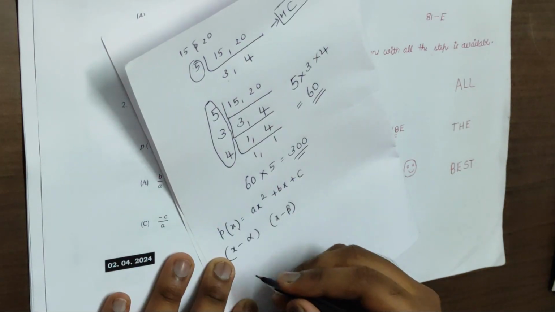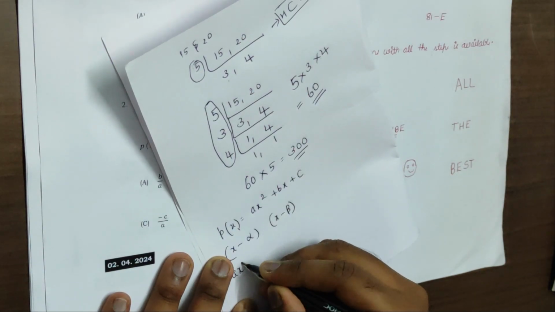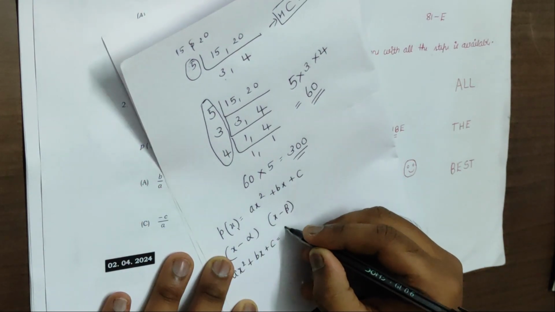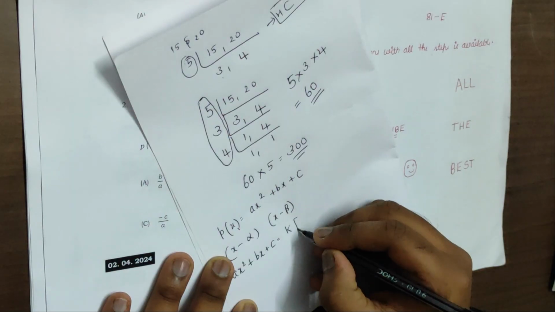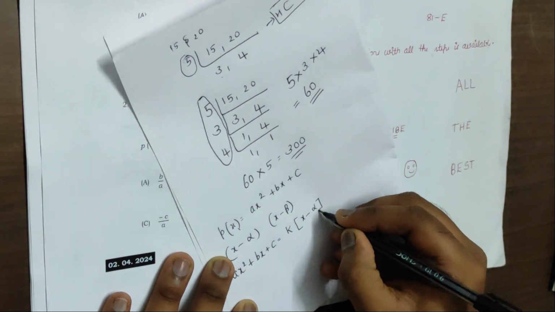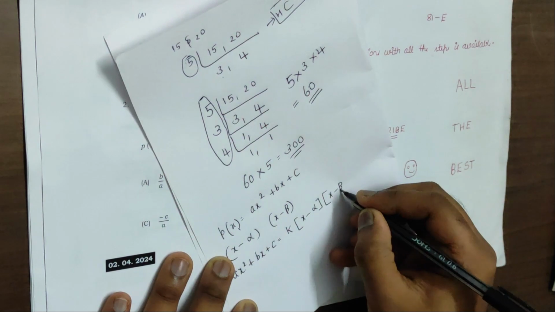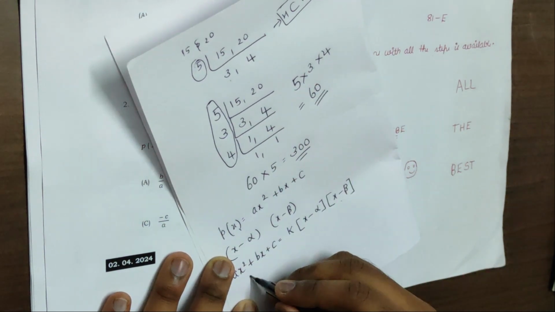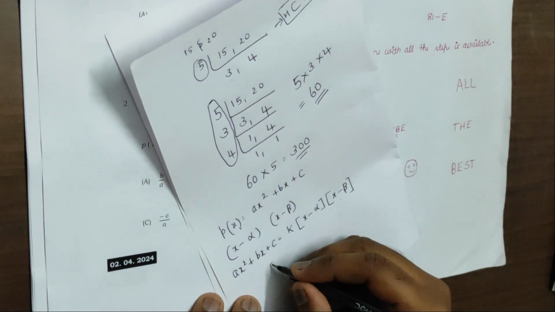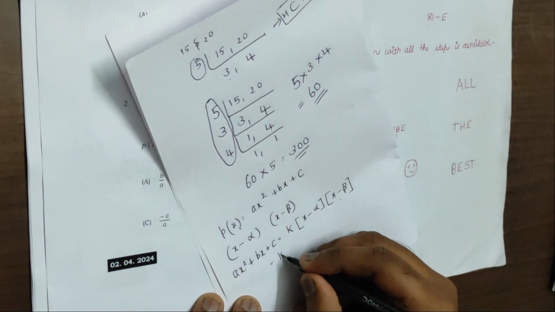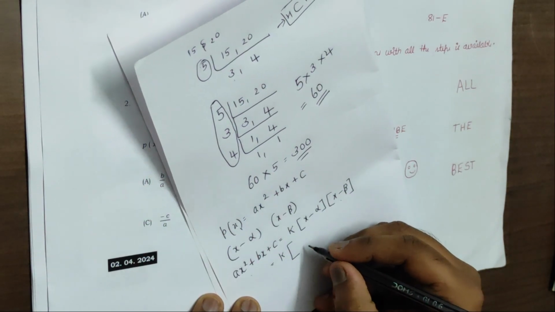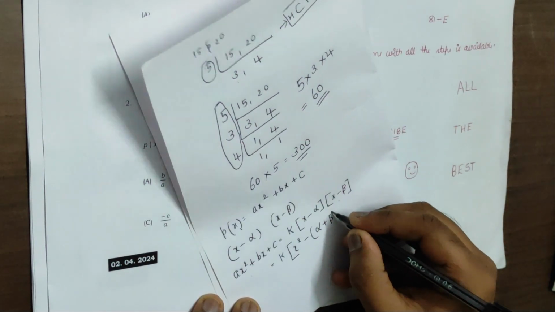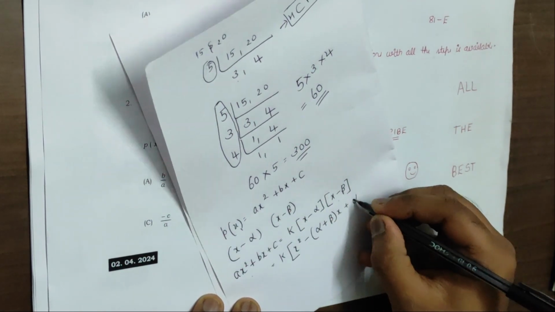Let us compare this polynomial now. ax square plus bx plus c is equal to some constant k, that is k into x minus alpha into x minus beta. We have considered k as a constant and these are the factors of this polynomial. Now we'll multiply these, k into x square minus alpha plus beta into x plus alpha beta.